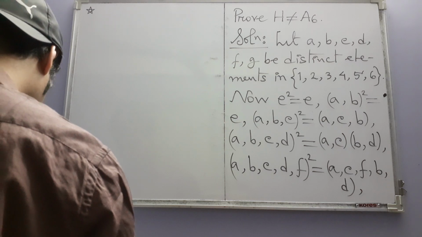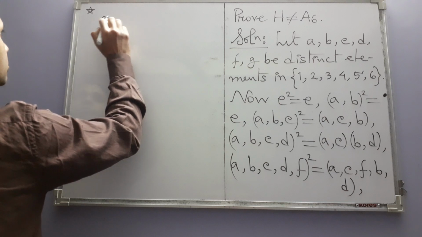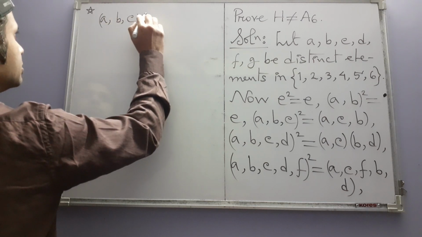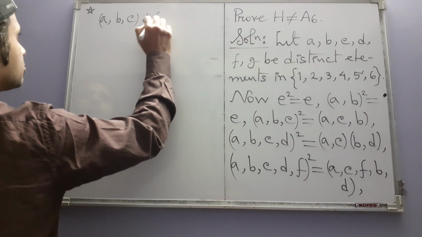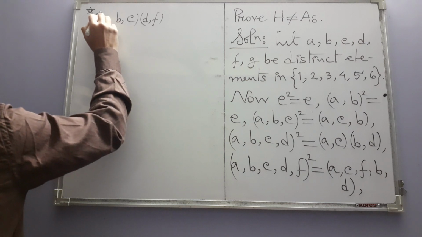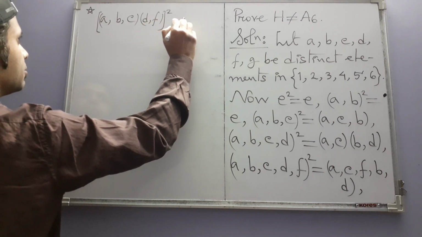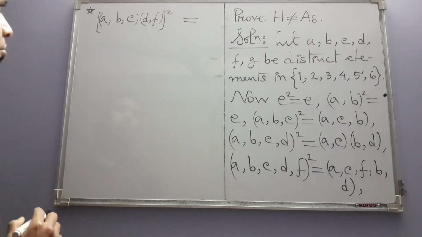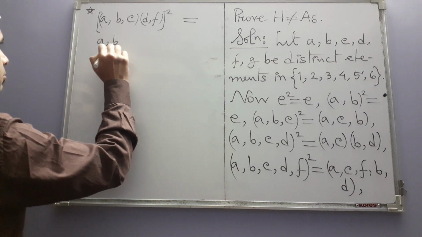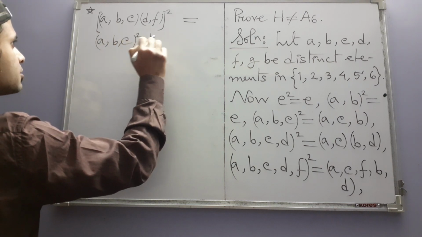But before that, we also have this cycle structure, a product of 2 cycles, one of which is a 3 cycle and the other one is a 2 cycle, and they are disjoint. Okay, now you can apply a trick here in calculating this square, that this square will be equal to this square times this square.